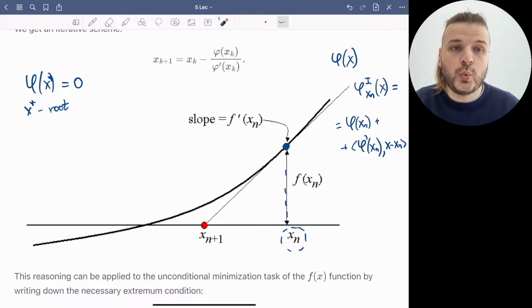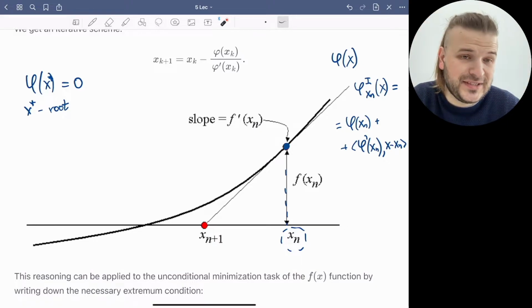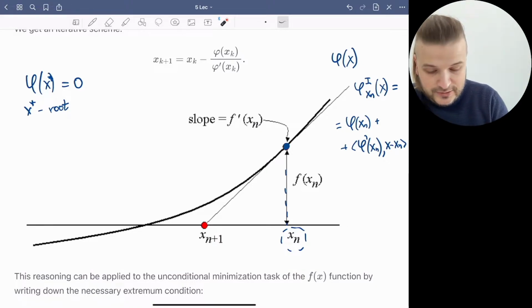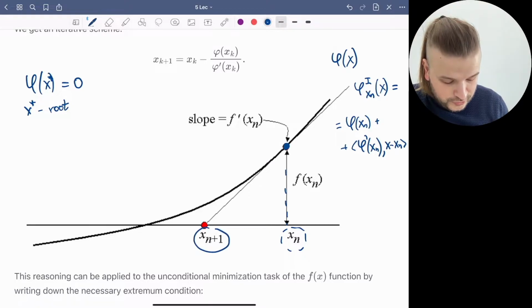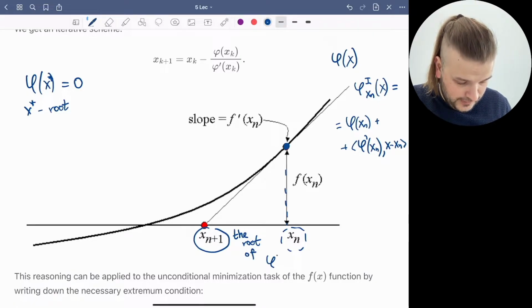And we'll find a point where this linear function goes to 0, which means that our next step will be the root of our linear approximation, phi 1 at xn.